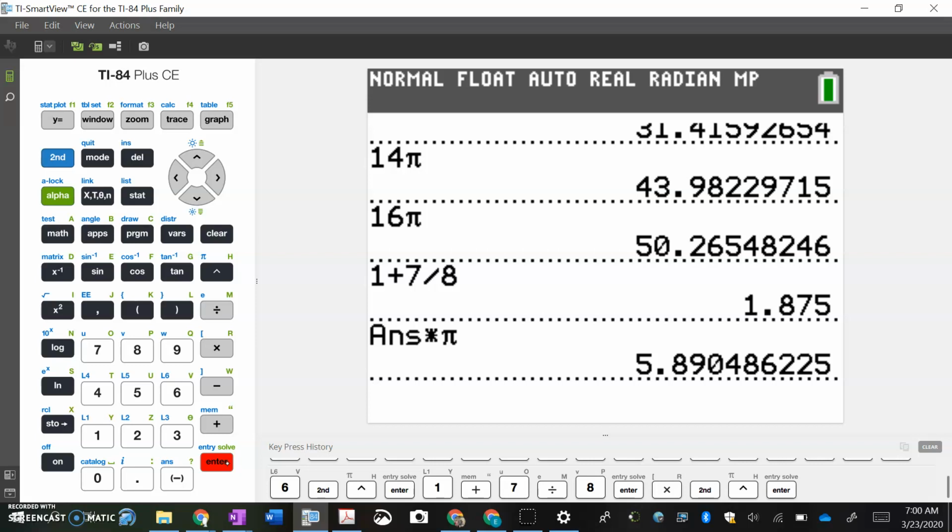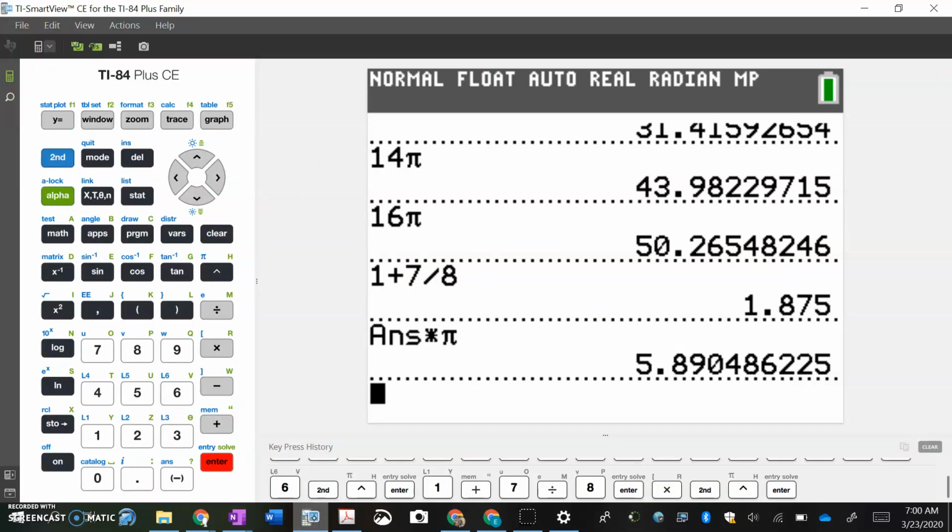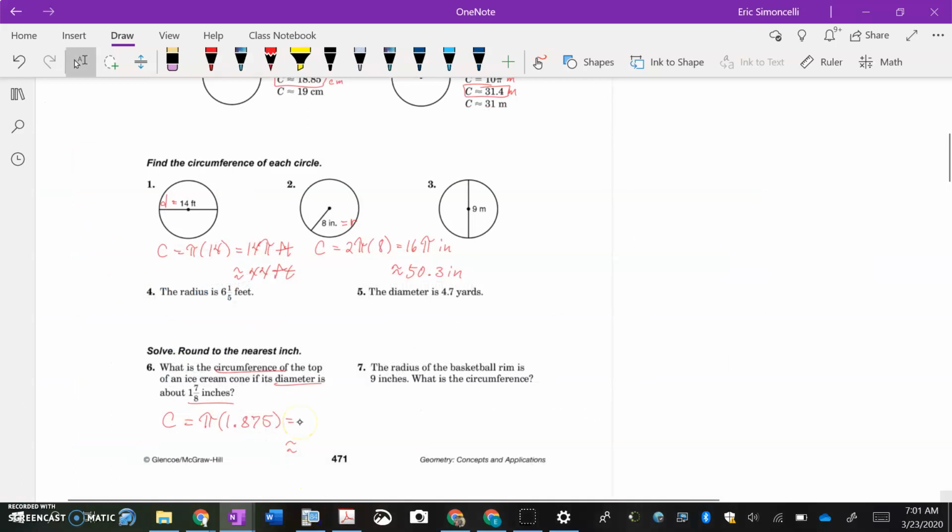Again, rounded to the nearest tenth, so 5.9. As far as putting this into the proper context of using pi, it might be advantageous. Let me write my answer down as a decimal first. 5.9, rounded up 6 inches. 5.9 inches, so 6 inches.